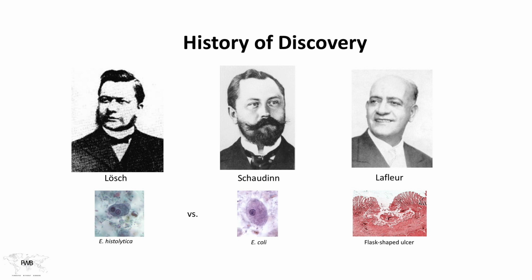At the same time, Loesch in Germany also looked at exudates from patients suffering from diarrheal diseases, and instead of finding this organism, he found another organism, which was much larger, much more frothy in its cytoplasm. It had an eccentric karyosome, and it turned out not to be the causative agent for amoebic dysentery.